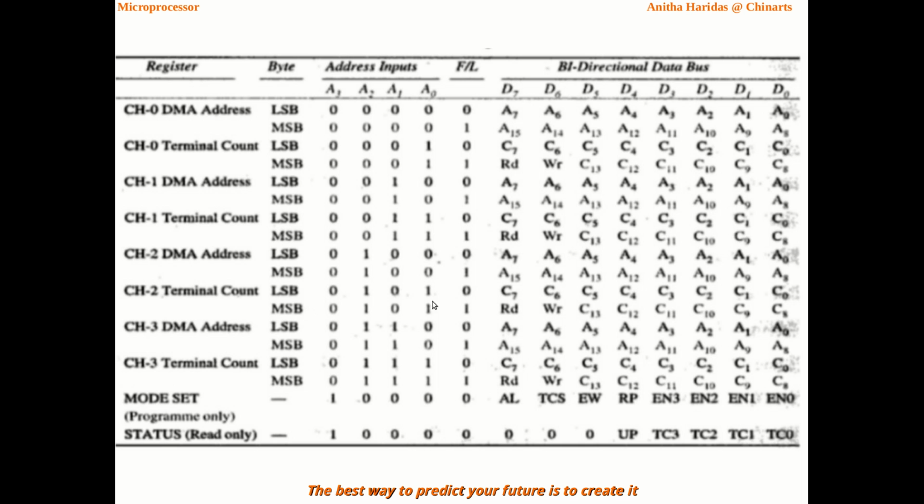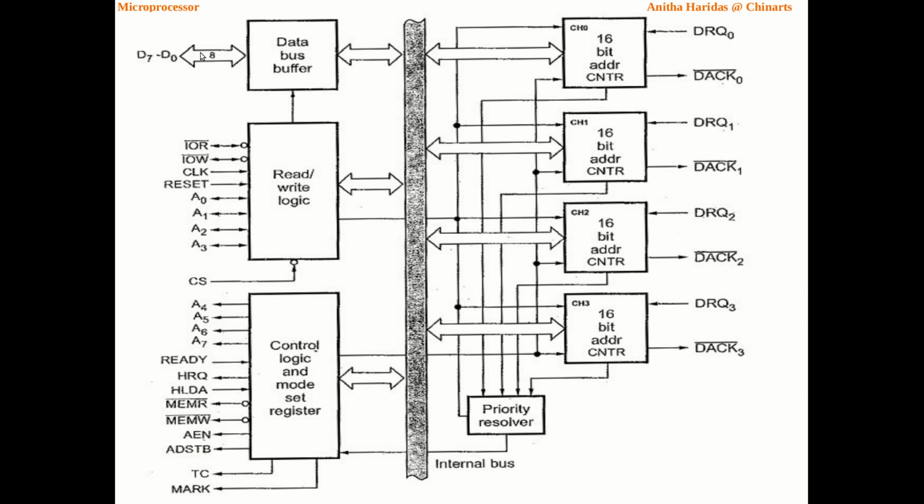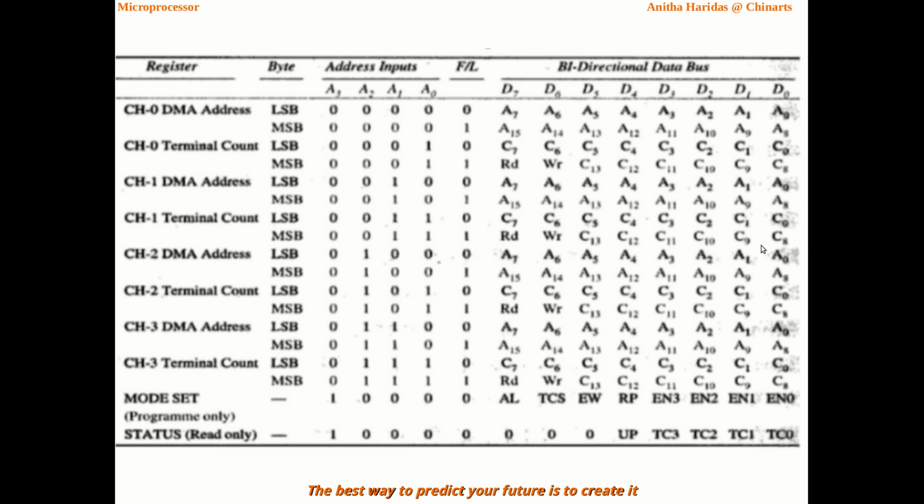If it is 0101, C0 to C7 will first be available in D0 to D7. So the D0 to D7 values will first be written in the lower significant byte, because the counter register is also a 16-bit register. Then the second D0 to D7 values will be written in the most significant byte, here.